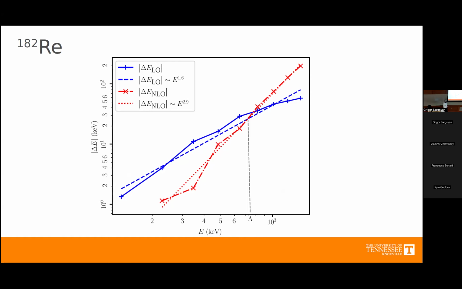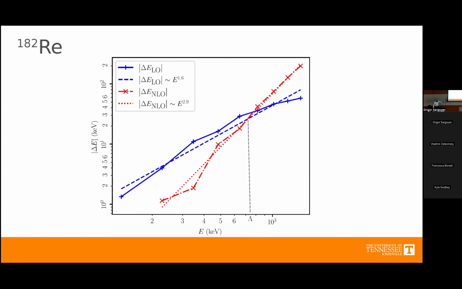We see that when we look at fitting a best fit line to the absolute error versus the energy here, which corresponds to fitting a power law to the raw data, this crossover point here is the real breakdown scale, where we actually do start to see the next to leading order description performing worse than the leading order description.